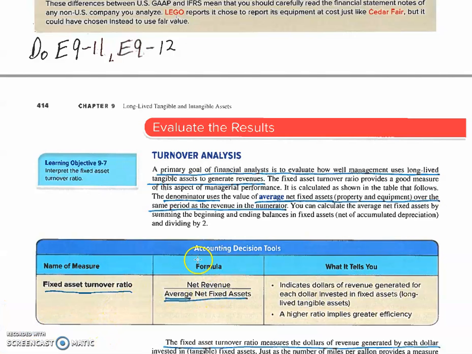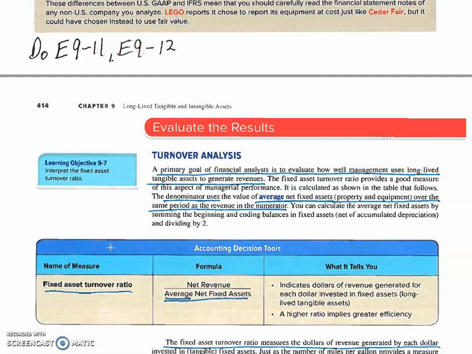Let's move on in over here and get into turnover analysis. And fixed asset turnover ratio is measuring the turnover of fixed assets. Not really the turnover. It's not a good name. What you're doing is measuring how efficiently did you do at using fixed assets to generate revenue.